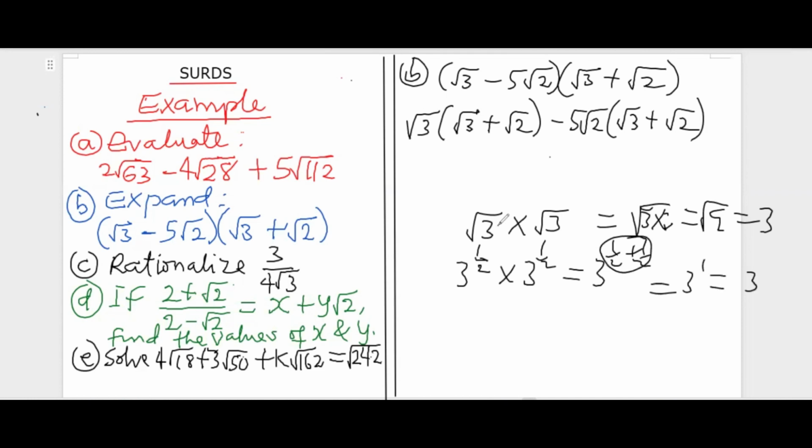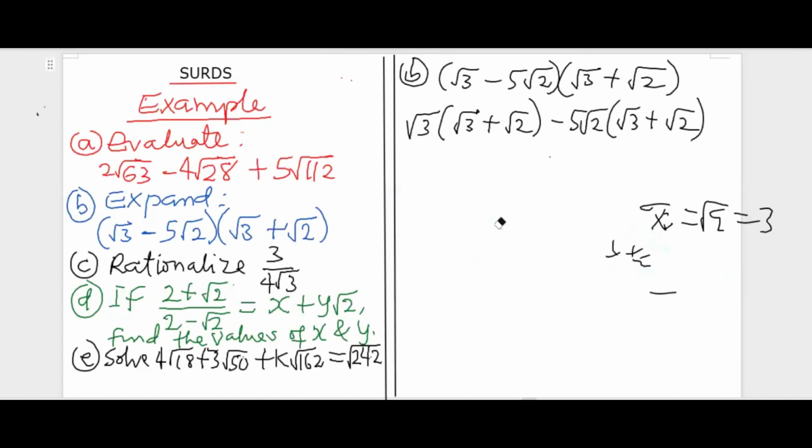So anytime you multiply the same root together, for example root 5 times root 5, you simply say 5. So for this one, root 3 times root 3 will come out as 3. Root 3 times root 2 comes out as root of 3 times 2, that is plus root 6.